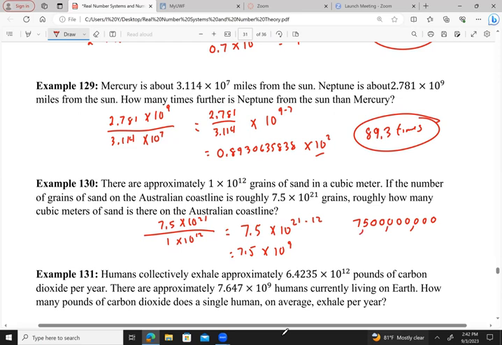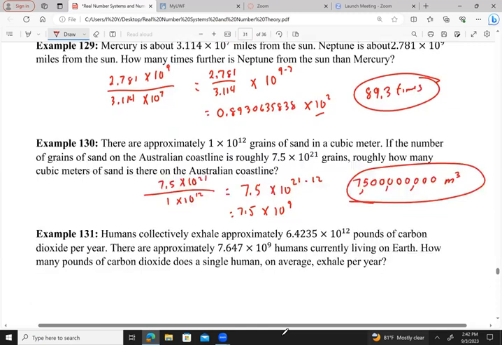So we're looking at 7,500,000,000 cubic meters. That's a lot of sand.